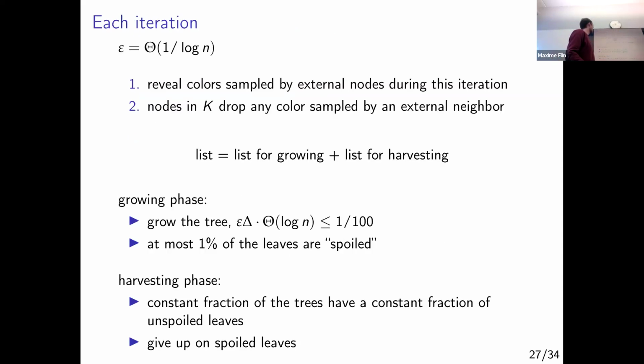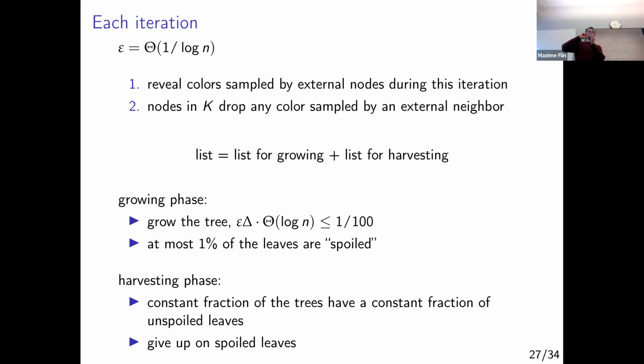Then you have to show this, which is probably the most technical part, where you analyze one iteration of growing the tree in the MSP. You first reveal the colors sampled by the neighbors, and you drop any color that was sampled by an external neighbor of yours.